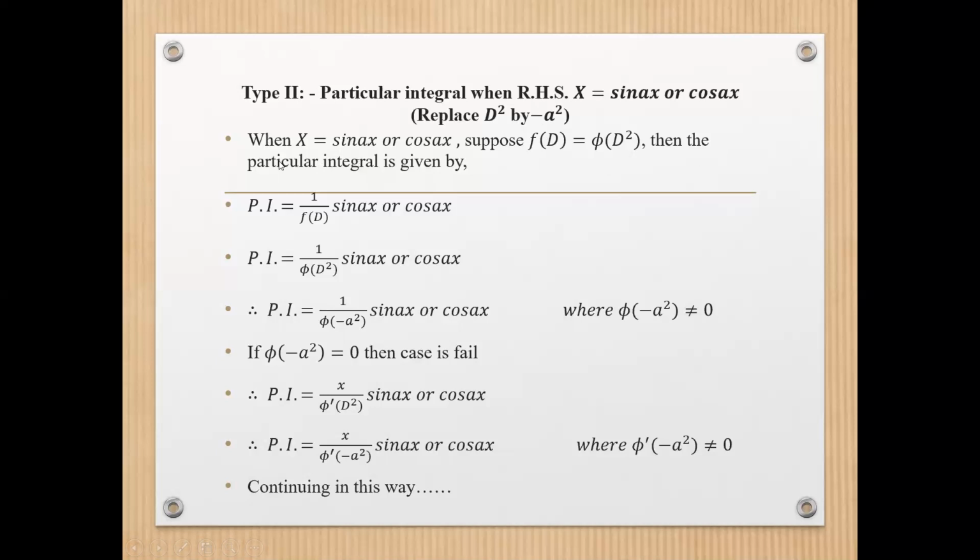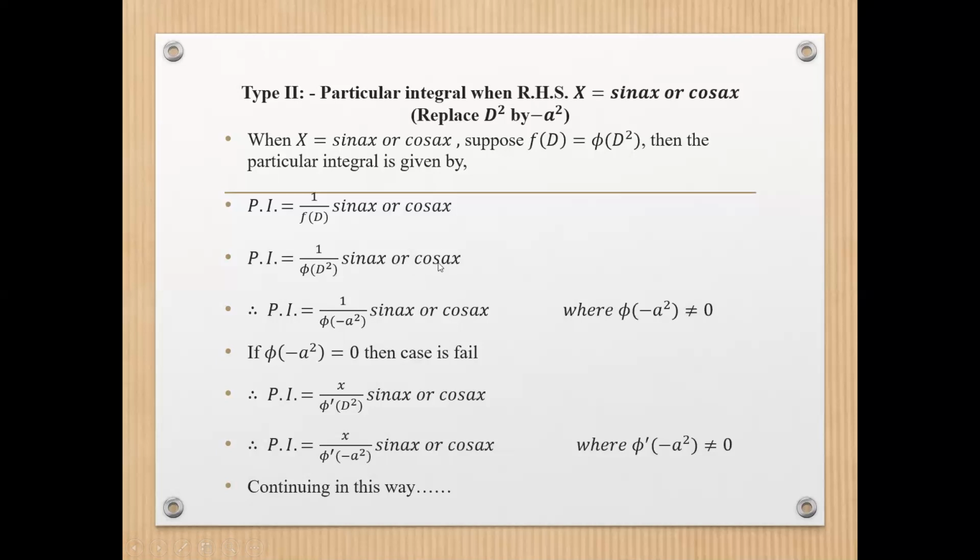Then the particular integral is given by the formula: particular integral is equal to 1 upon f of D into capital X, and capital X is of the form sin ax or cos ax. Then the particular integral is equal to 1 upon f of D, nothing but 1 upon phi of D square, into sin ax or cos ax.